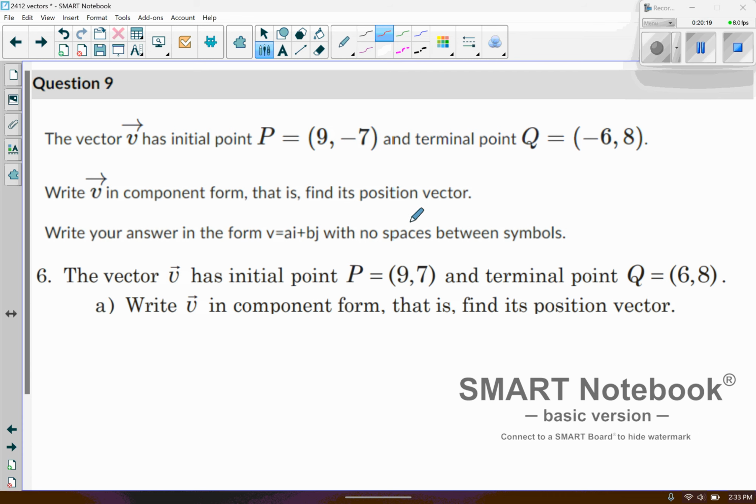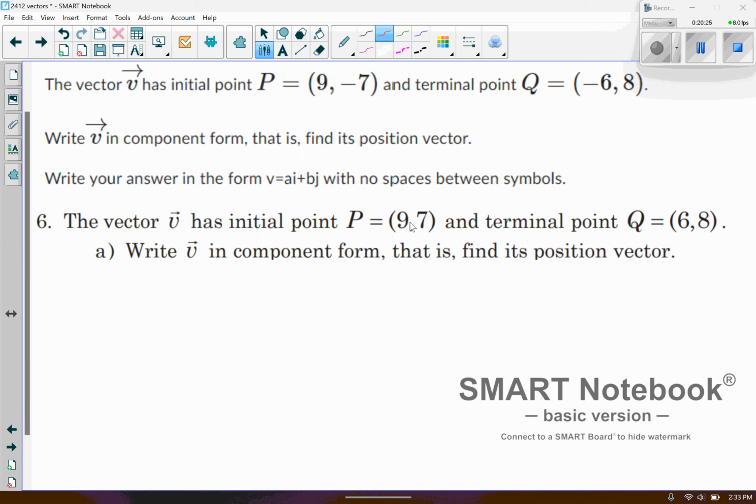And so, yeah, this isn't too bad. So the component form basically just tells you what was the change in your x value and the change in your y value, from your initial point to your terminal point. So we are going to do that, but I'm going to do it with this example down below so you can have a different one.